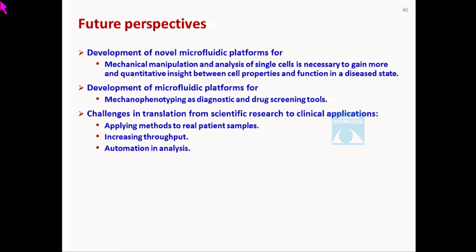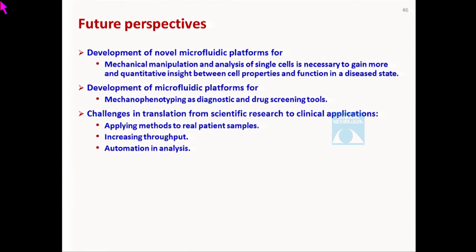So the future perspective is that you need to develop a novel microfluidic platform for mechanical analysis of single cells. Single cell technology is becoming increasingly popular. We need to understand mechanical properties of single cells, and one needs to obtain quantitative insight between cell properties and cell function.